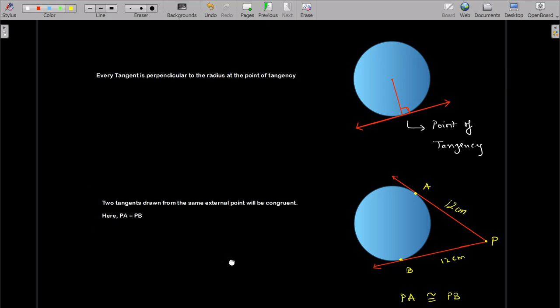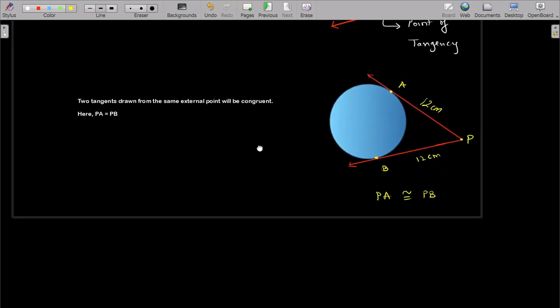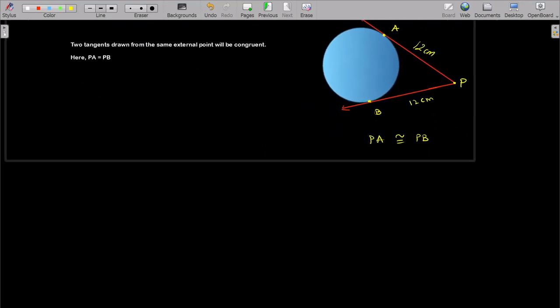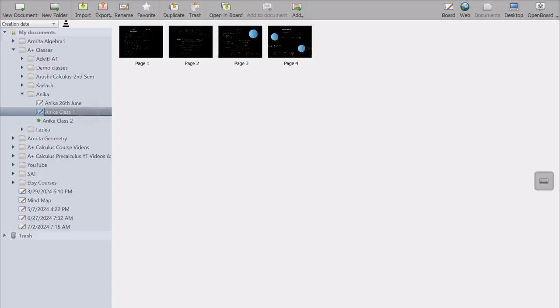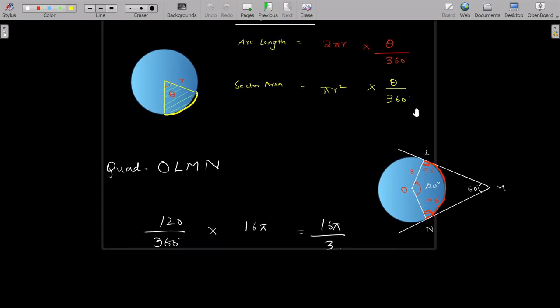Okay, so now I'm going to give you a practice question based on this concept. Let's say we have a circle. I think we did this question in the first class. I remember doing one question. Yeah, this one. If you remember, we used the first theorem in this one.